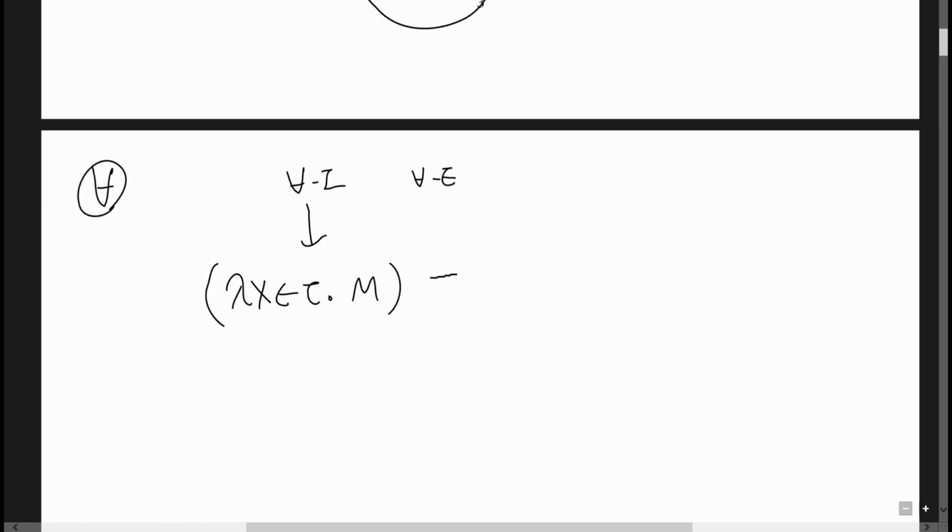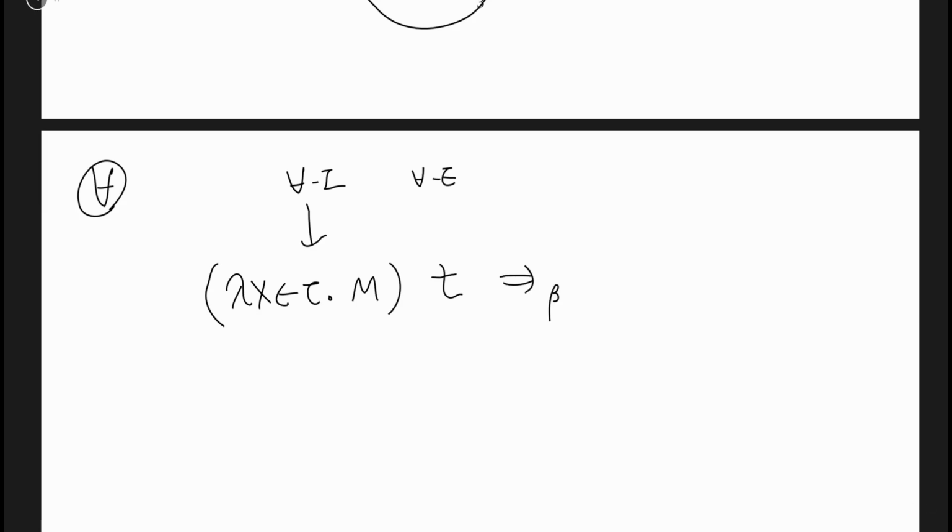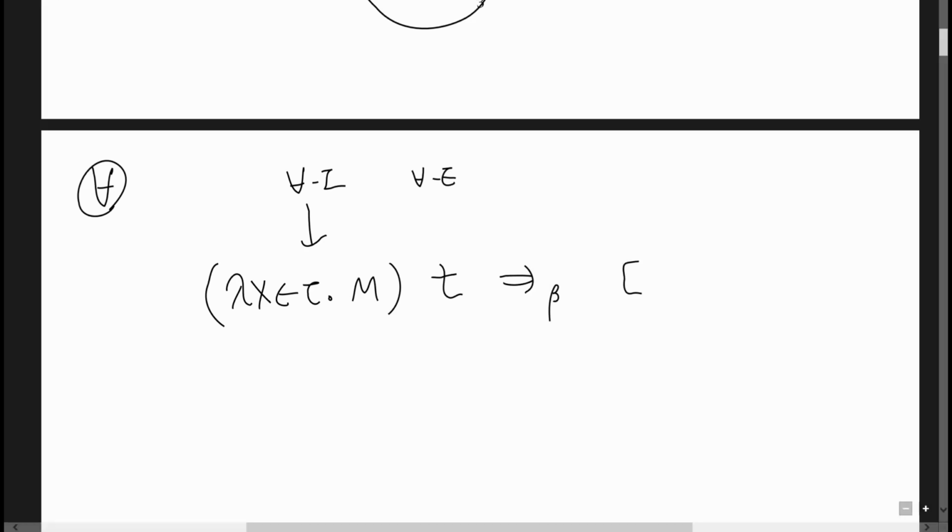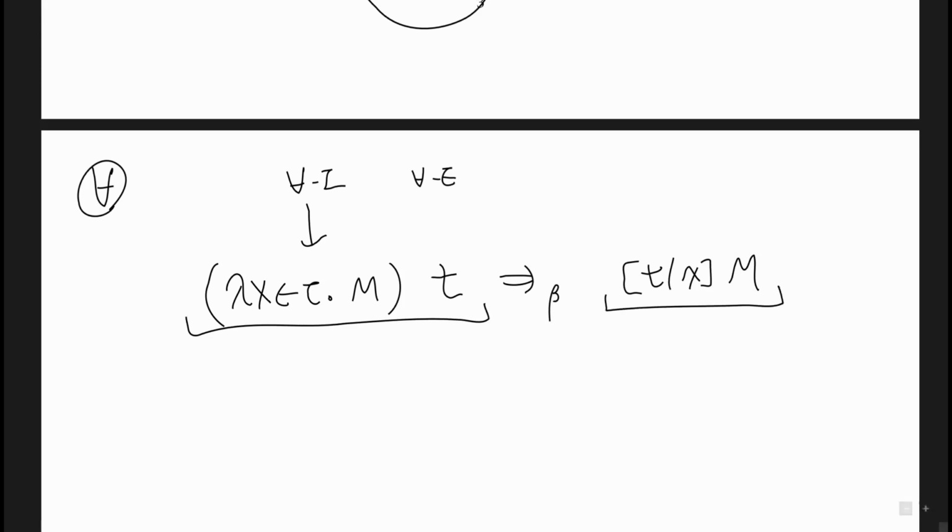So you provide the term t. The question is, how can we reduce this proof term? And it's pretty easy to see that you can just substitute t for term variable x inside M, and you can show that these two proof terms have the same type. So that's the beta reduction.